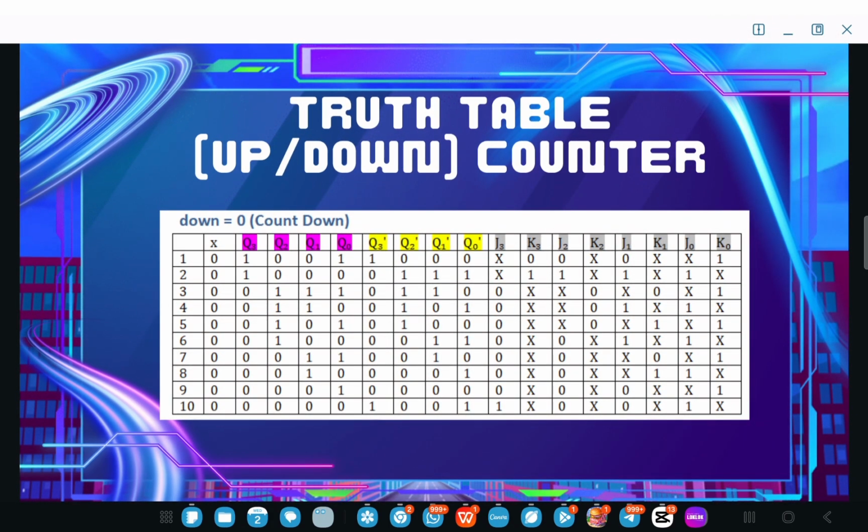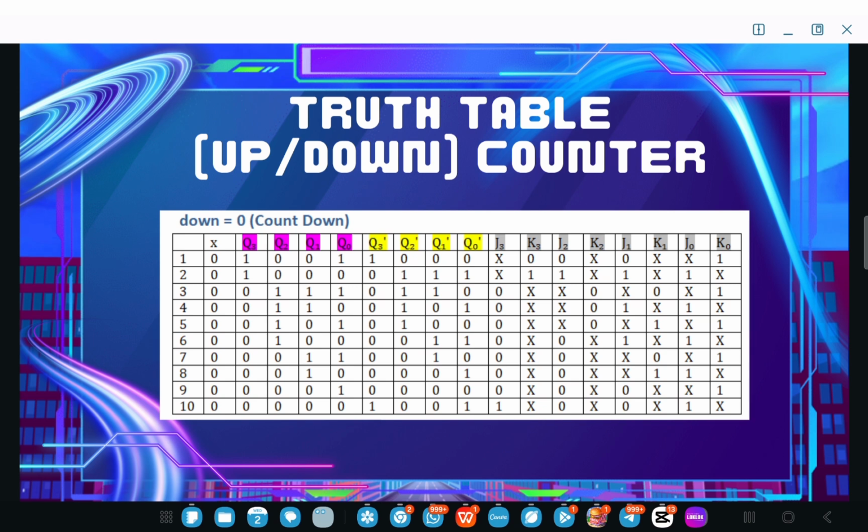So now I will present the truth table for our up and down mode 10 counter. This is the count for output bits Q3, Q2, Q1, Q0. This output represents the current number in binary, from 0000, which is 0, up to 1001, which is 9.